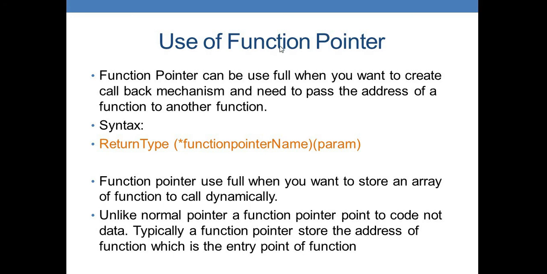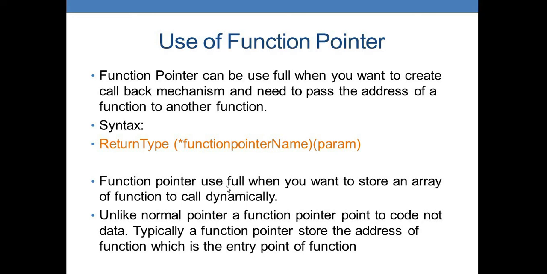So we understand how to create the function pointer. Now what is its use? As we already saw, a function pointer is useful when you want to create a callback mechanism and need to pass the address of a function to another function. To create a function pointer: return type, parenthesis open, star symbol, function pointer name, and param.